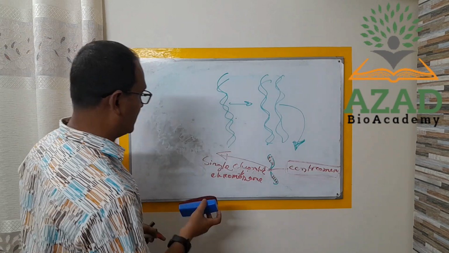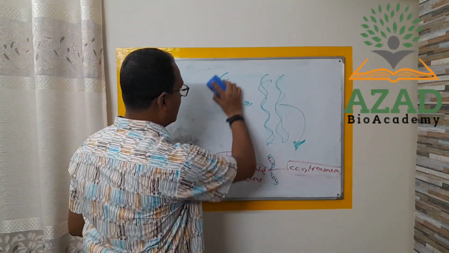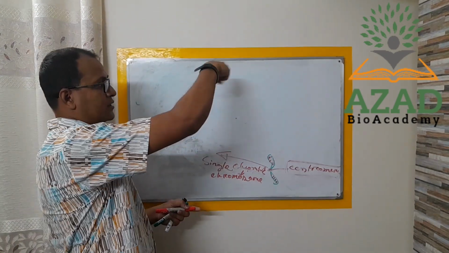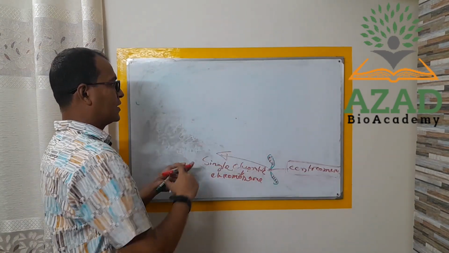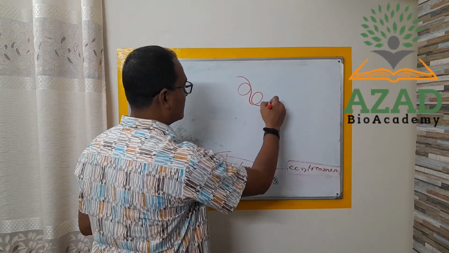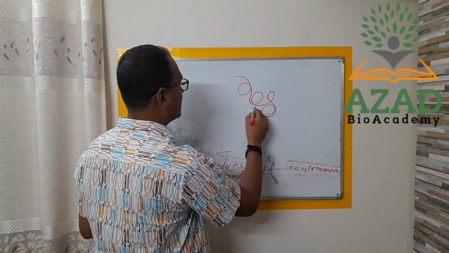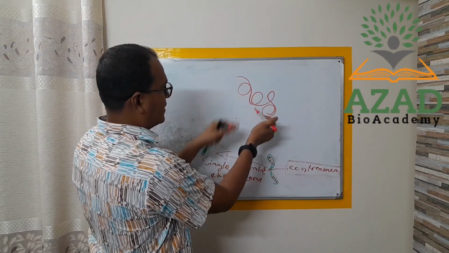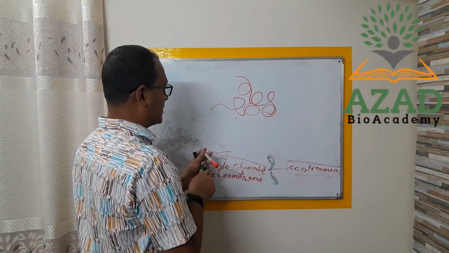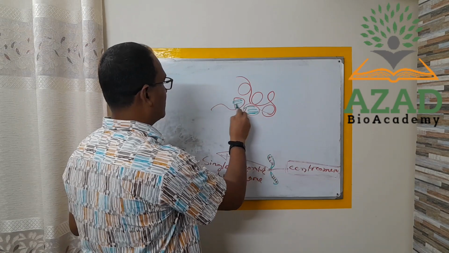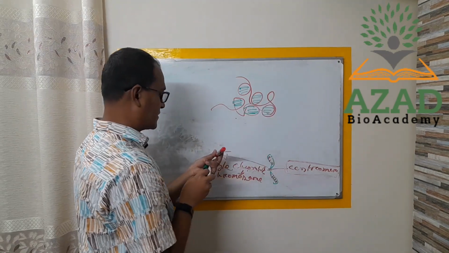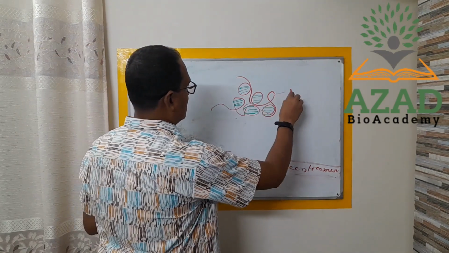So after that, what will happen? Just go back, the structural chromatin, the twisted form, will be assembling in a place like that. So if you think these are the histone protein, and the thread-like substances are DNA.